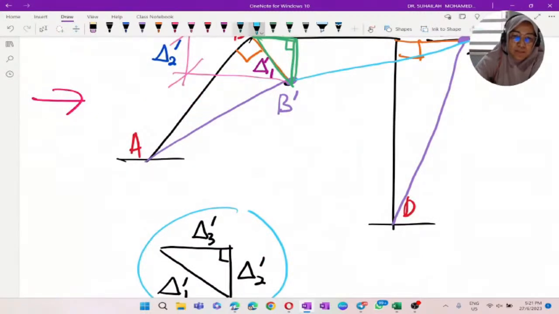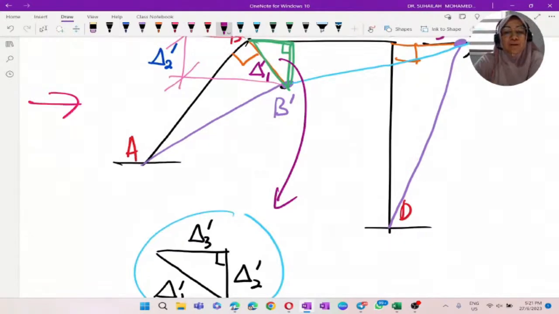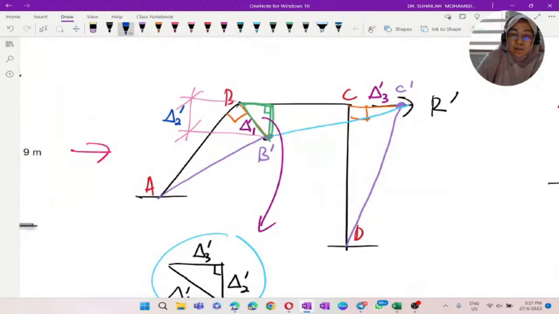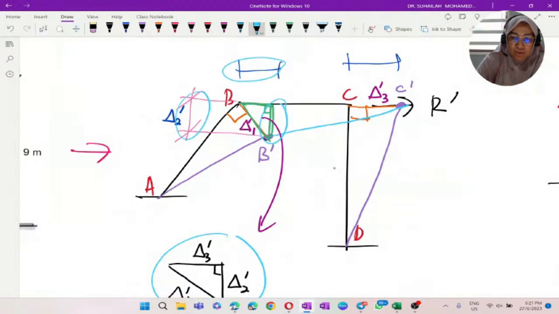Okay, this is actually this, because this will be equal to this, and this is equal to this. This one equals this one equals this.